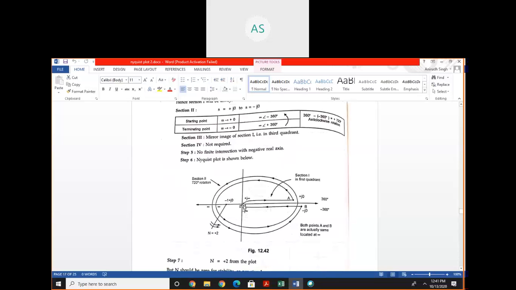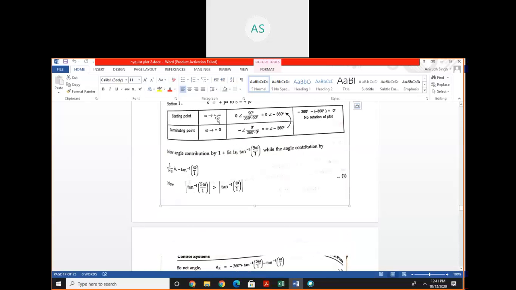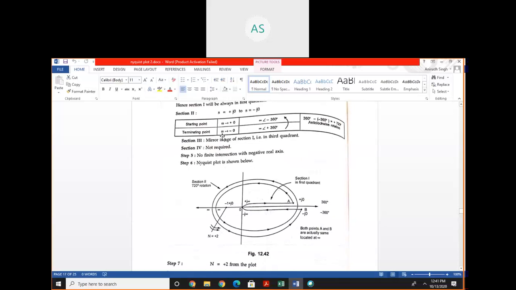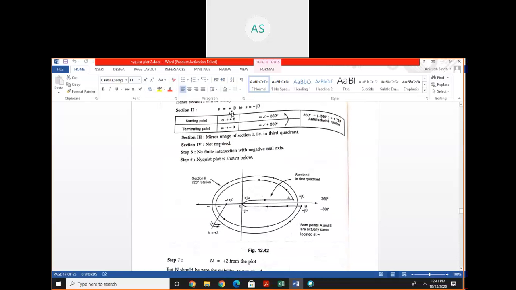This is a small positive quantity. So we can say that psi R is greater than minus 360 degrees, or greater than minus 359 or 356 or 350 degrees, etc. So we can say that this section is in the first quadrant.